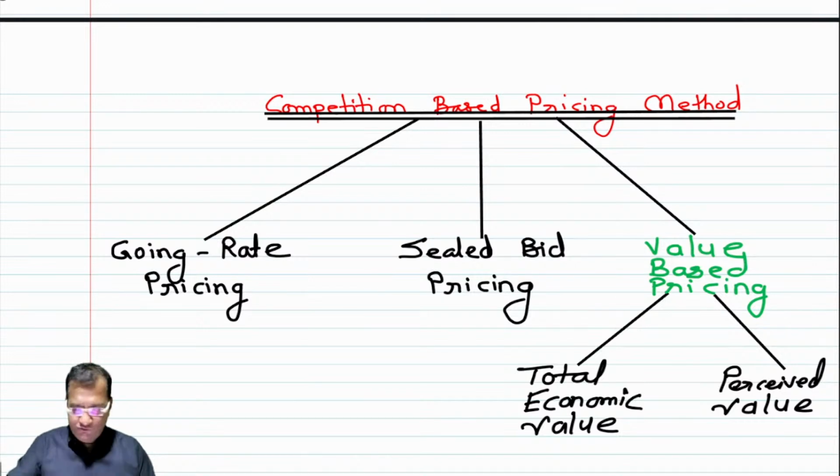My question is: suppose my competitor is charging rupees 2,500 for that particular product. If I am following the competition-based pricing method, should I also charge rupees 2,500, or can I marginally increase the price, say 2,520, or marginally lower, 2,490? What's your view, my dear students?